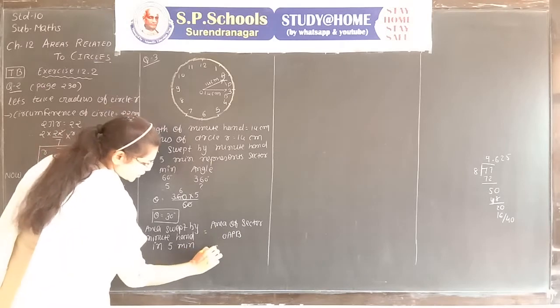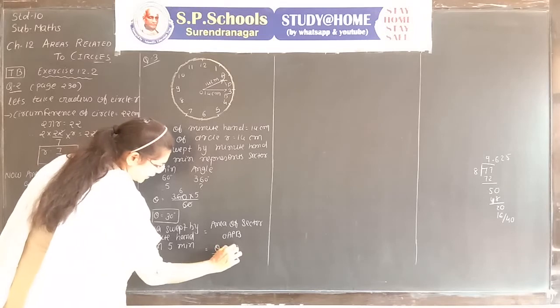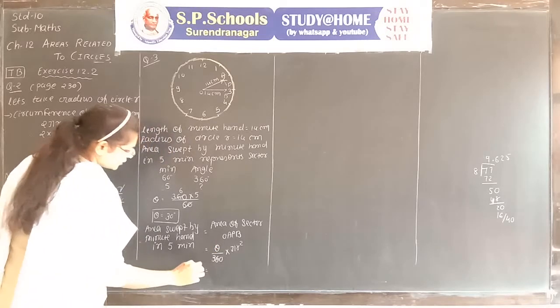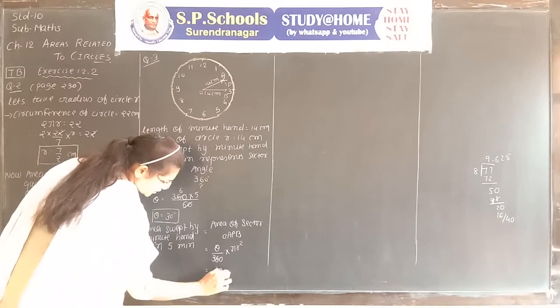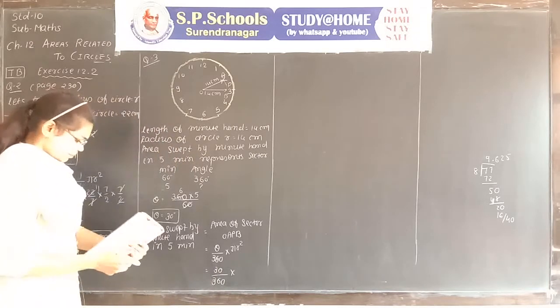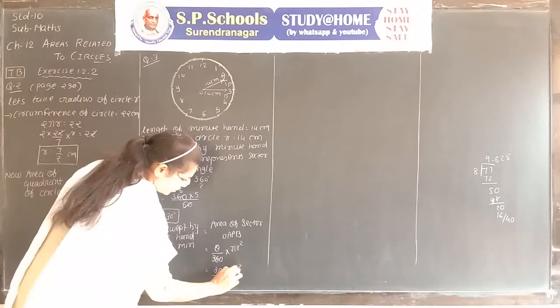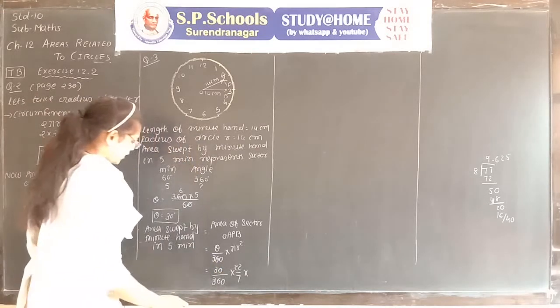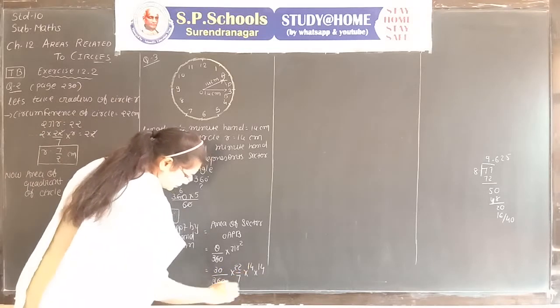The area of a sector is theta upon 360 into pi r square, where theta is 30 upon 360 into pi. The value of pi is not given, so take 22 upon 7. Radius r is equal to 14 into 14.